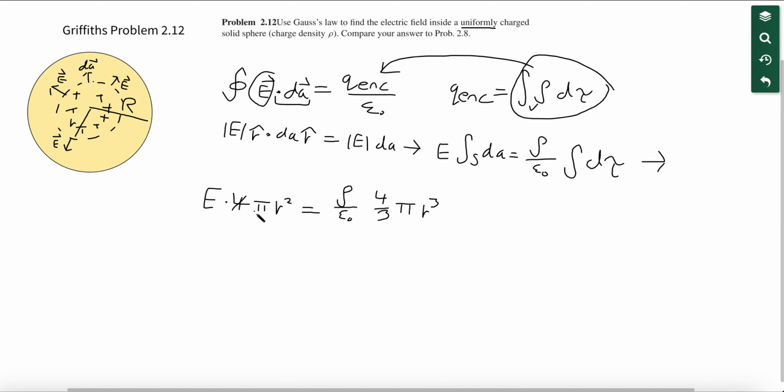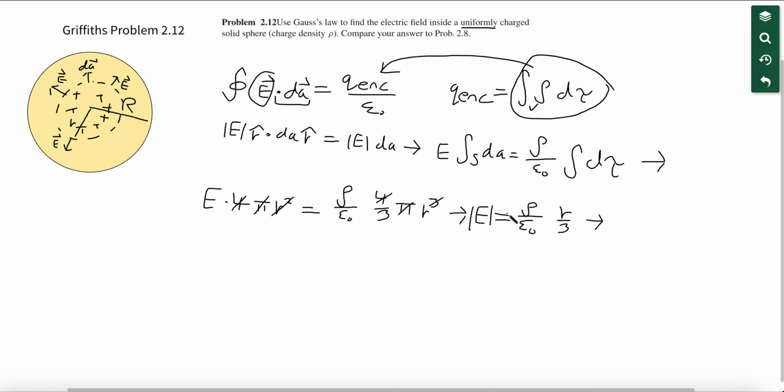We see these terms are very similar. We're able to cancel out the 4 and pi, reduce the r cubed on this side, and cancel out the r squared on this side. So doing a little bit of rewriting, we get that the electric field is equal to rho over epsilon naught times r over 3.